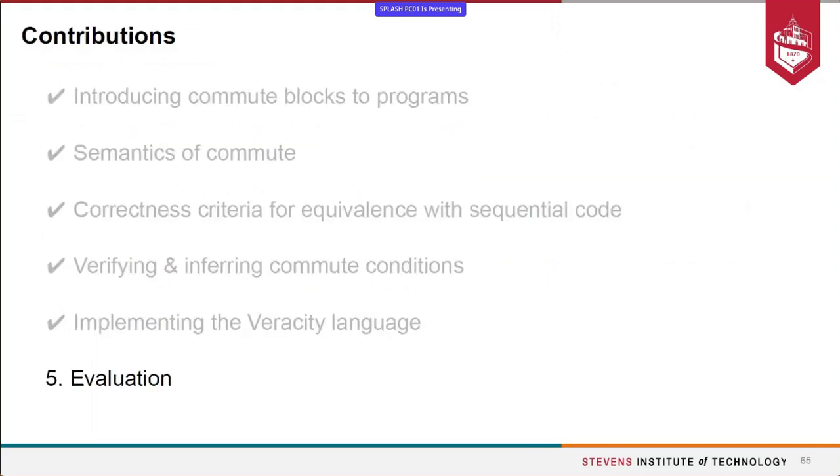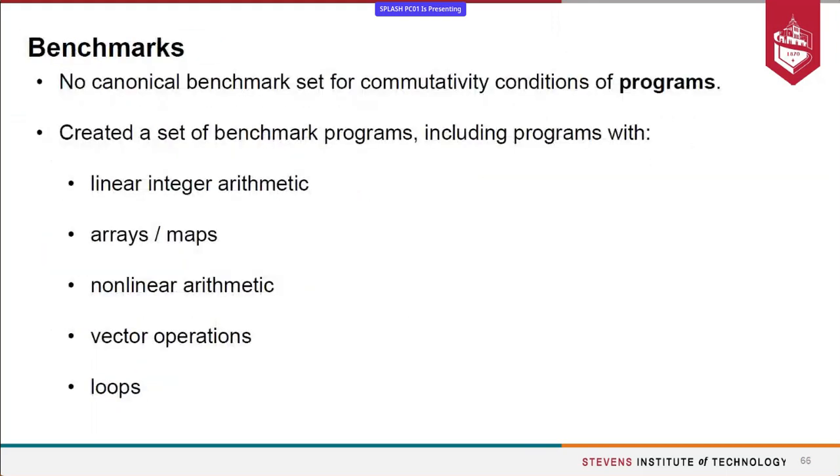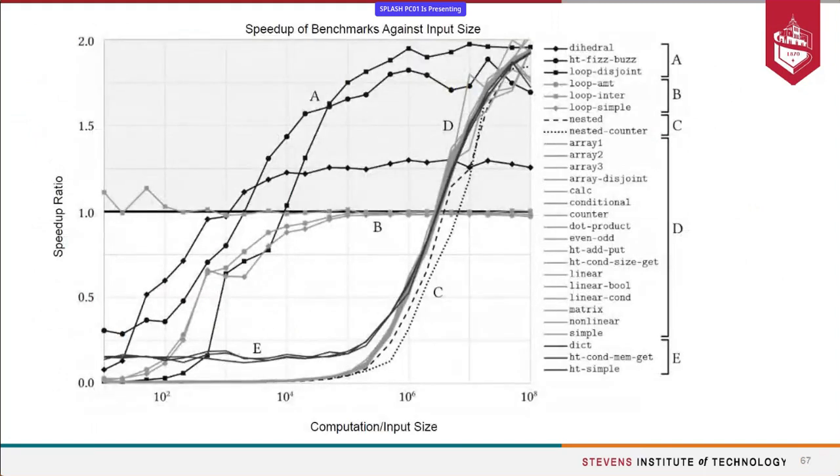And so finally, the evaluation. There's no real canonical benchmark set for the commutativity conditions of programs. So thus far, the work has mostly been focused on ADTs. So we created our own set of benchmark programs, making sure to include linear integer arithmetic, arrays and maps, some nonlinear arithmetic, vector operations, and loops instrumented with assume and havoc.